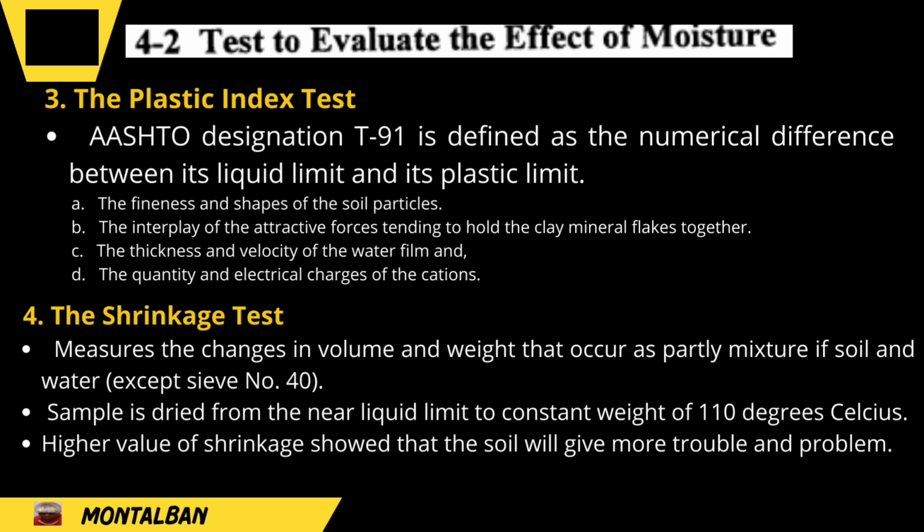Then it measures the fineness and the shapes of the soil particles, the interplay of the attractive forces tending to hold the clay mineral flakes together, the thickness and velocity of the water flow, and the quantity and electrical charges of the cations.